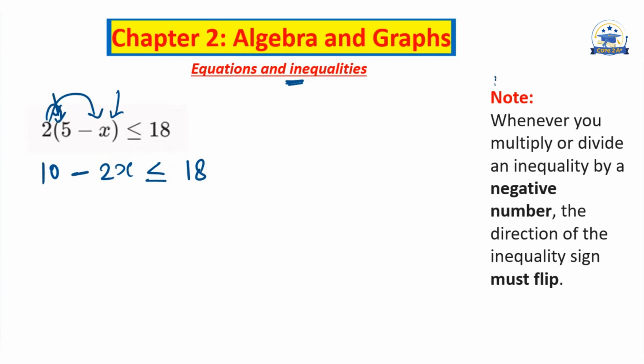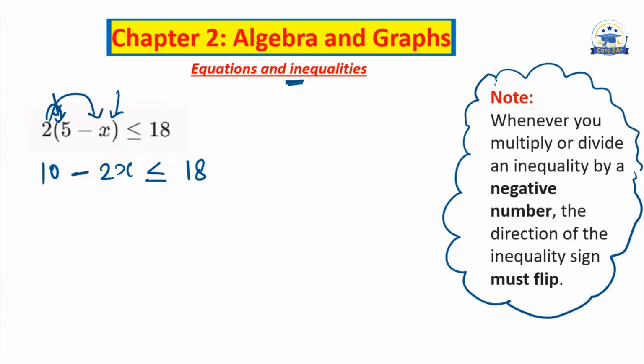And here, a very important note for you. Okay, this is not for me, this is for you. When will we change this sign? Whenever we multiply or divide an inequality by a negative number, then only and only then the sign would be changed.